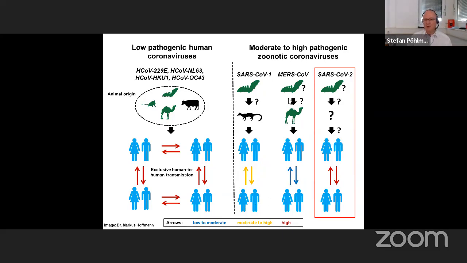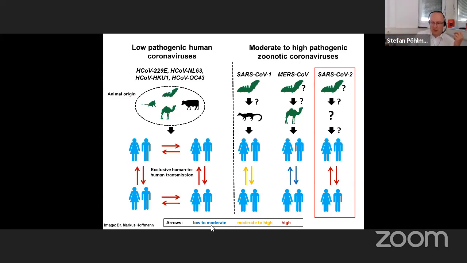Next time that happened was with MERS coronavirus, now in the Saudi Arabian Peninsula. This virus is transmitted from camels to humans, and like the SARS coronavirus, causes a severe respiratory disease that is called MERS.